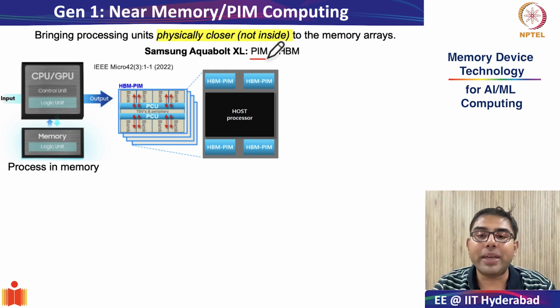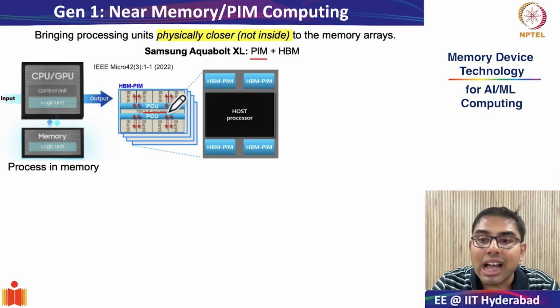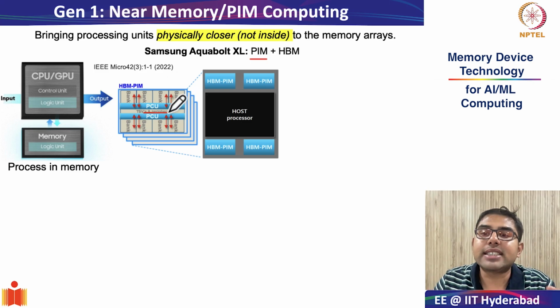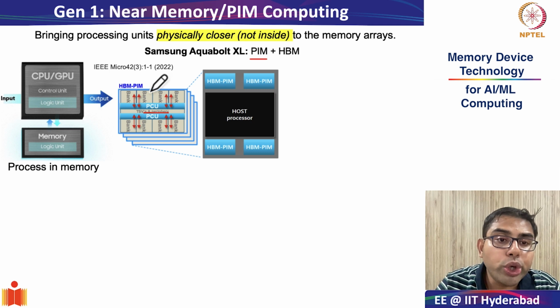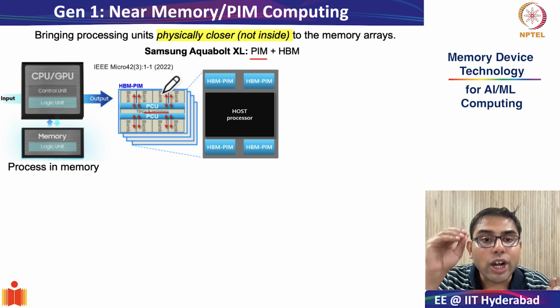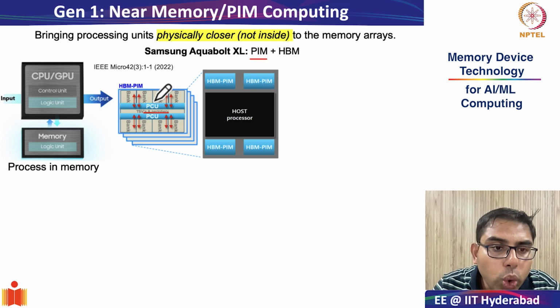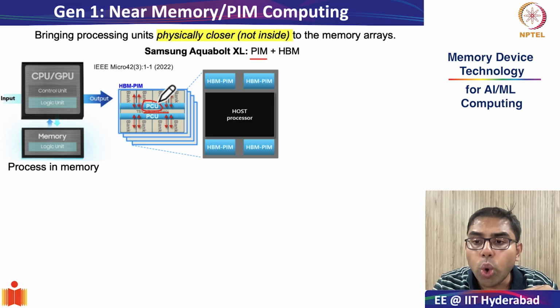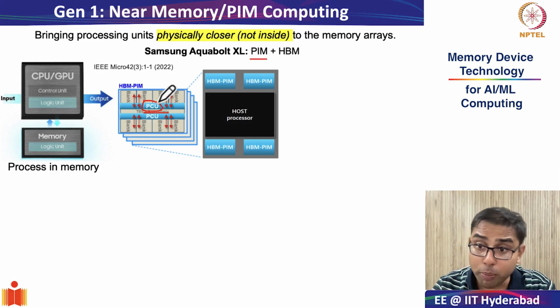In HBM-PIM, these tiny processing core units called PCUs are integrated inside the memory stack right next to each of the DRAM banks. So in comparison to your earlier HBM, which had only DRAM banks, only memory storage, you are including a PCU unit which can do very simple operations that are frequently required, such as accumulations or reductions, without sending the data back and forth to the GPU.